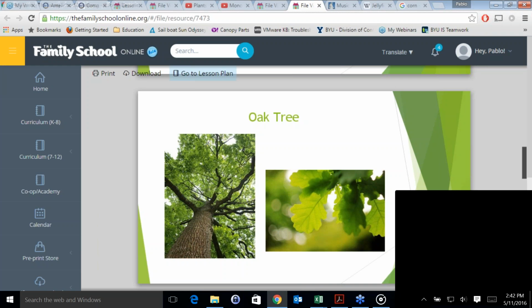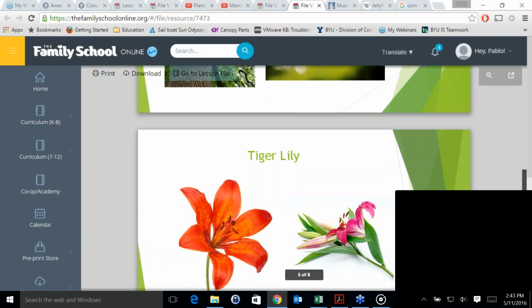The bark also will point out to this organization of the xylem and phloem. If you were to cut the tree, you would see that the vascular tissue is well organized. Good deal. Let's see the next one.